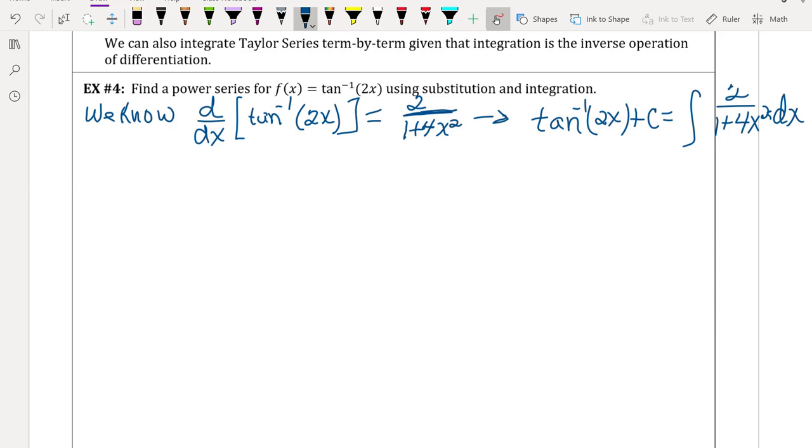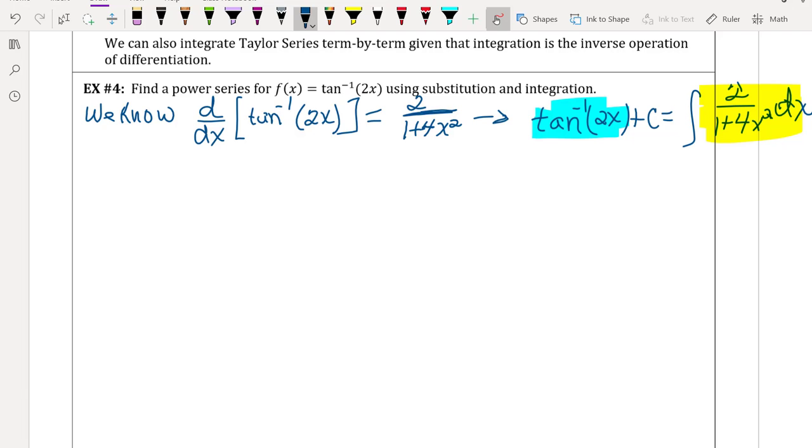And that's the great thing about this, because we can create a Taylor series for this integration, and its integral will be the function that we're looking for. So that'll give us our Taylor series that we need. So the idea is we're going to integrate this function, which we can create into a Taylor series. And from that, that'll give us a power series for the function we're being asked to find.